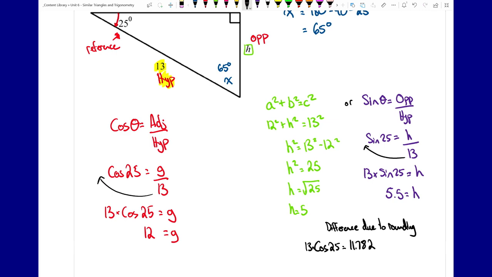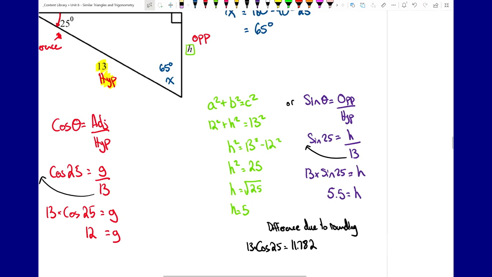We rounded it to 12. So that change in answer is because we used 12 in the Pythagorean theorem, or the sum of squares, that's how we were able to get 5, whereas the sine ratio doesn't take that rounding into account. So the difference between our two answers is due to the fact that we rounded our side length to get 12. That's the only way we got the different answer.